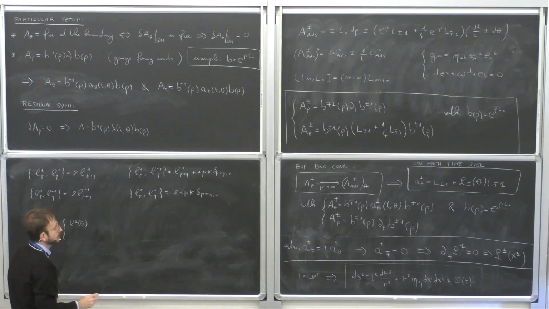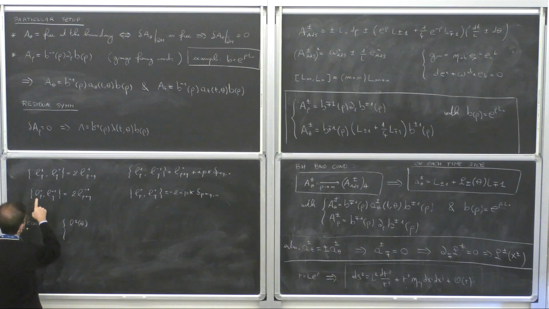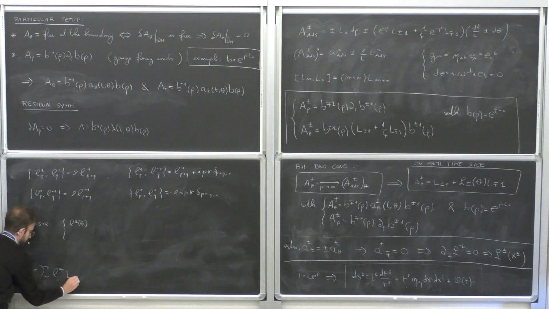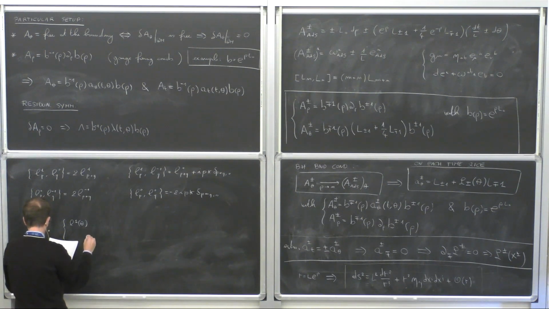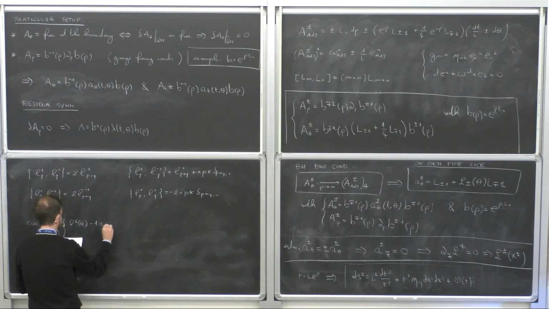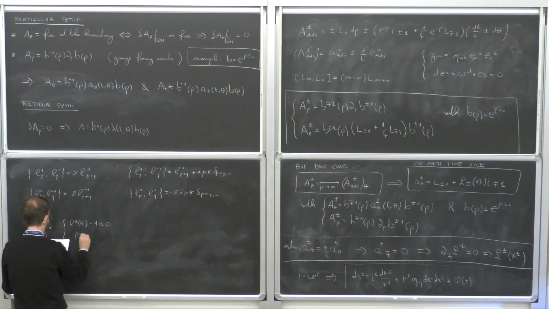Well, now maybe just to fix the notation, these L are what before I called A. So I'm just expanding, okay, it's just precisely the modes that I had before. And the additional constraints that I'm putting on top is the following one.